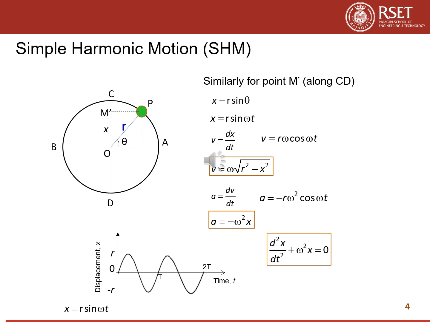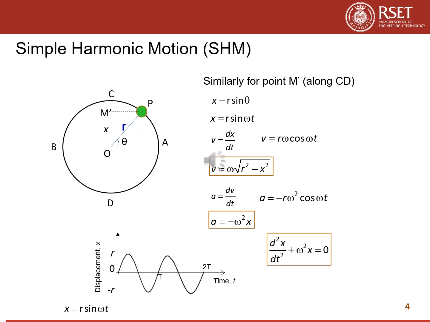That is, when t is equal to 0, the particle executing the simple harmonic motion will be at the mean position. Like in this case, when your particle is starting from the point A, P is starting from A, m dash will be at O. So that means we have to use the equation for displacement x is equal to r sine omega t when the time of motion is measured from the mean position.